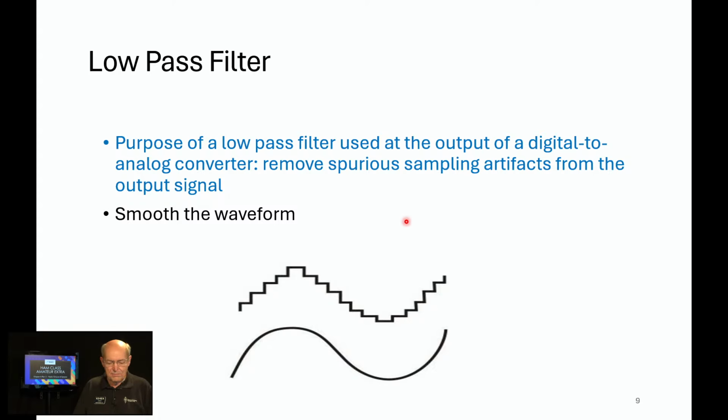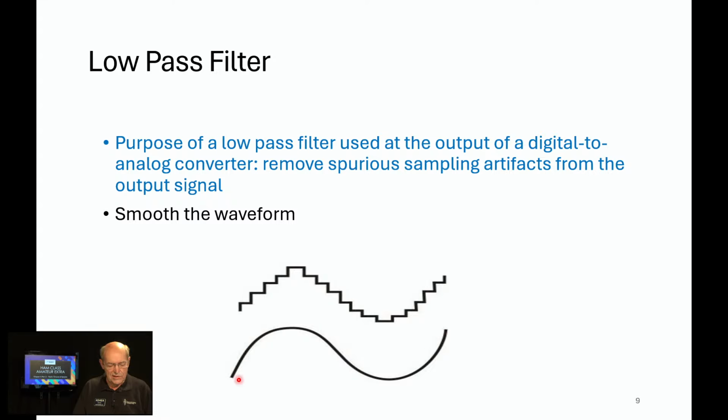So here we've got a picture of a low-pass filter. A low-pass filter is used at the output of a digital to analog converter that removes the spurious sampling artifacts from the output signal. You may recall that square waves or stair steps like this have very fast rise times. So you wind up with a lot of RF noise that's well above the frequency that you're trying to reconstruct.